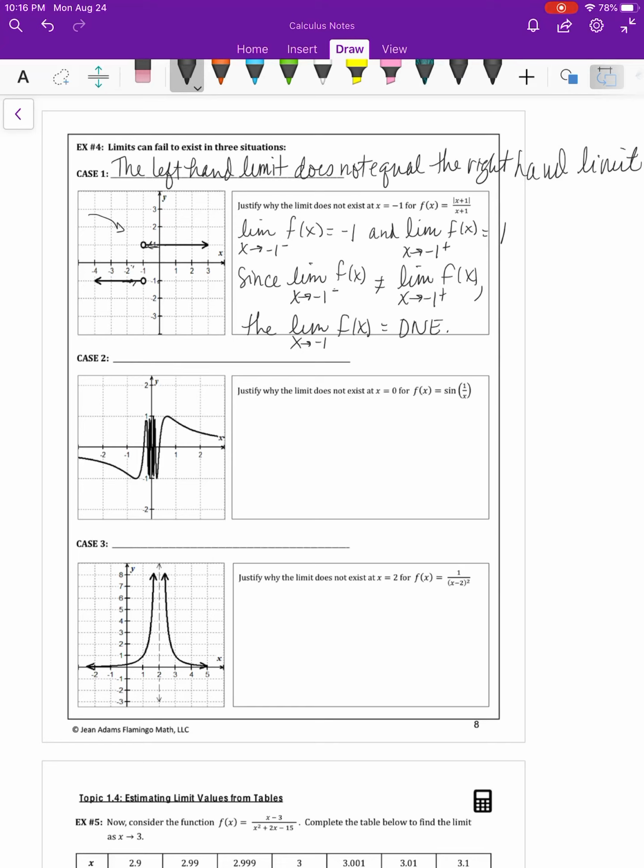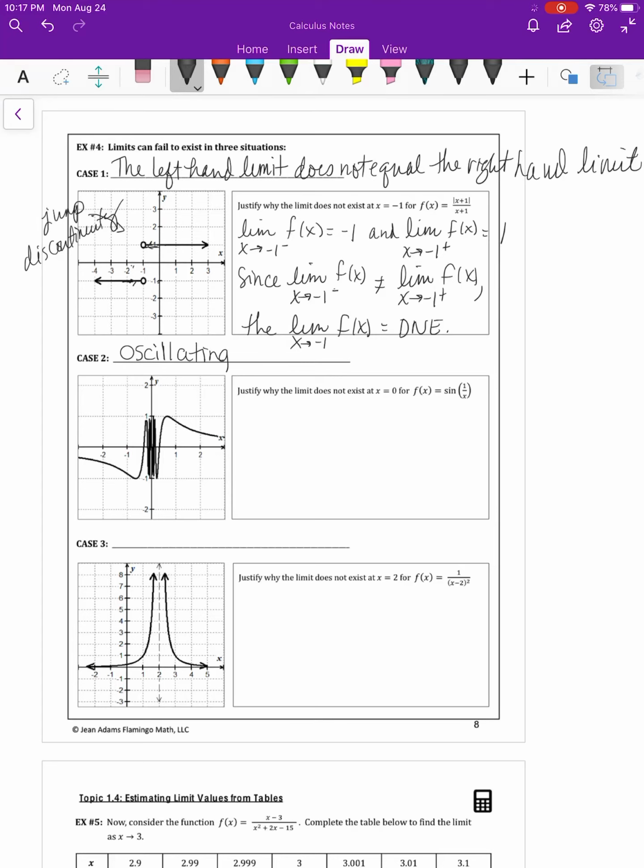So that is a jump discontinuity, and that limit will always fail to exist at a jump discontinuity. Okay, case number 2.